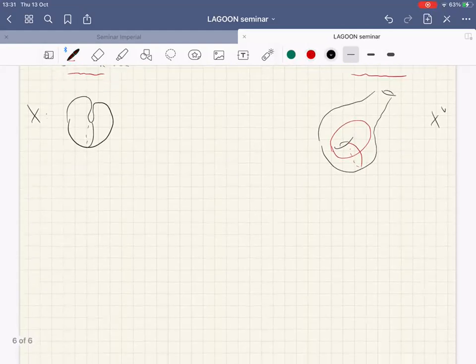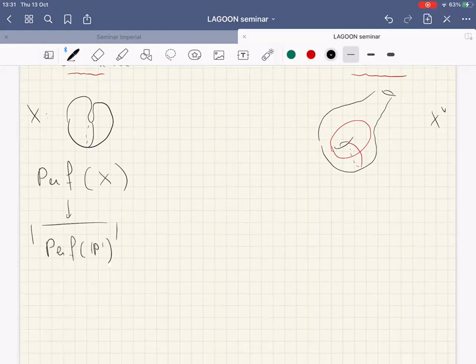So now we're going to express Perf X as a certain limit of categories. And so let me do it. So we'll say that Perf X corresponds to the following equalizer in categories.